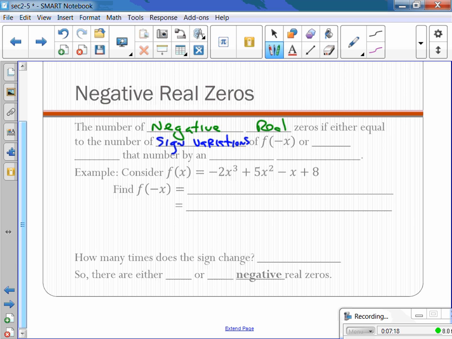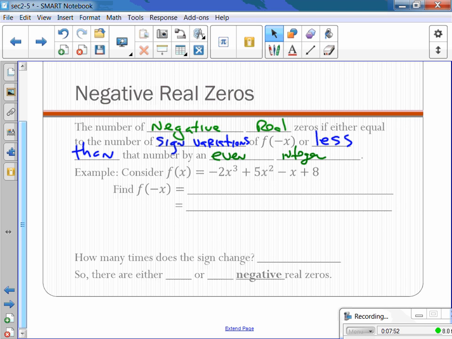We evaluate our function, replacing x with negative x, and then seeing what's going on with the signs. So it's either going to be the number of sign variations or less than that number by an even integer. The only difference between the positive and the negative is we're evaluating f of negative x for the negatives and f of x for the positive.